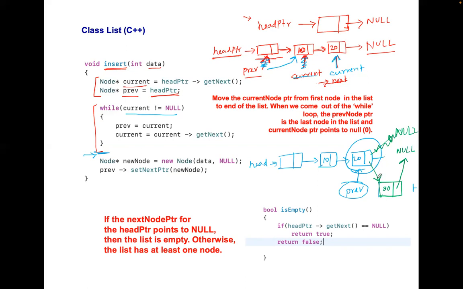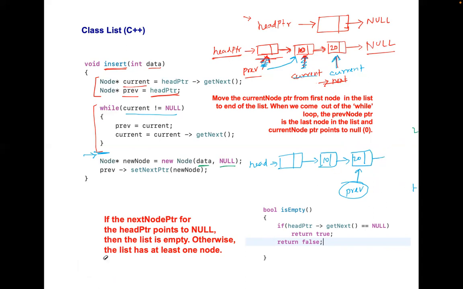So these are the two operations that we are going to do. First we have to create a new node, so that's what we are doing: creating a new node with the value and a null pointer. Let's erase again and show you what will happen.